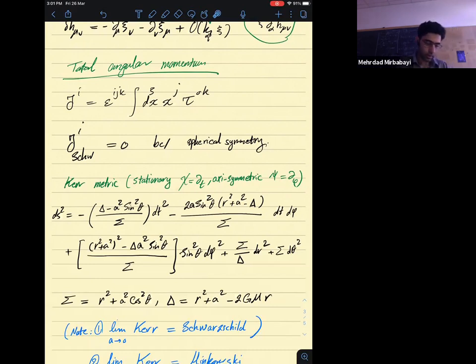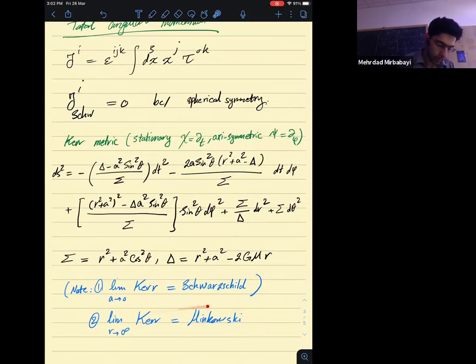But okay, let me talk about some properties of this metric, and it might make it a little bit more intuitive why it is rotating. Other questions? Okay, you could ask why do I call it a black hole in the first place?